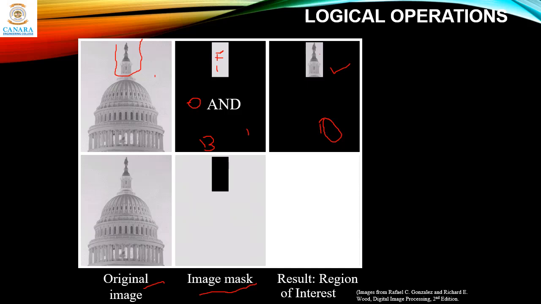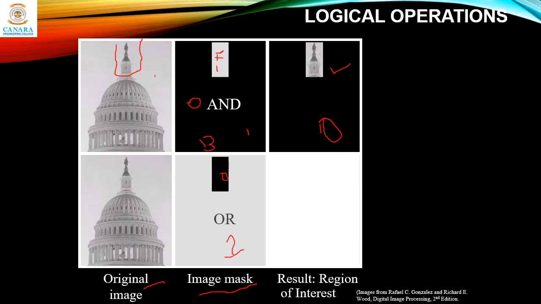Now, if you perform OR operation using this mask with the ones in the background and zeros in the foreground, like this, this is the OR operation. What happens here is anything ORing with ones will become 1 in the output image. And if 1 you OR with 0, it will remain as 1, 0 will remain as 0.